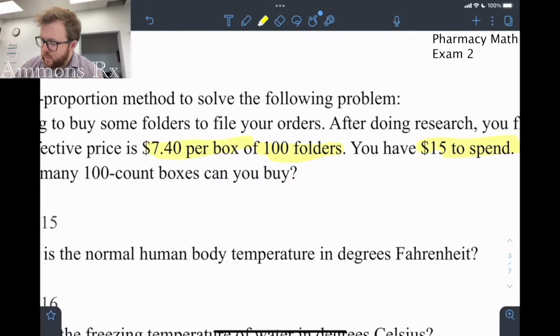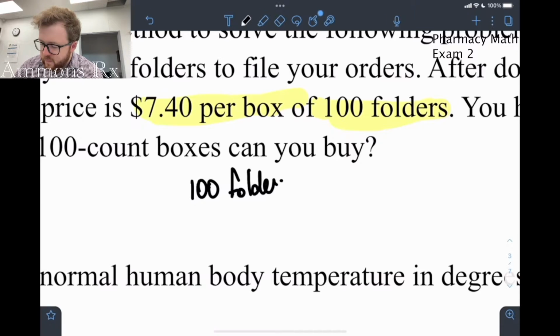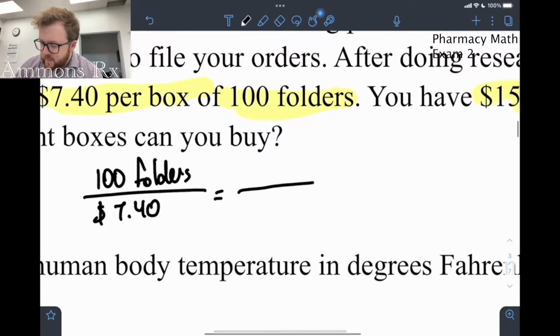So we need to look at the fact that it is 100 folders for $7.40. On this side, we don't know that, and we do know that we have 15 bucks to spend.